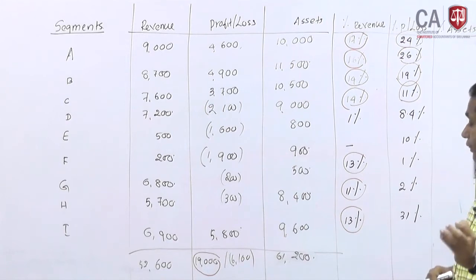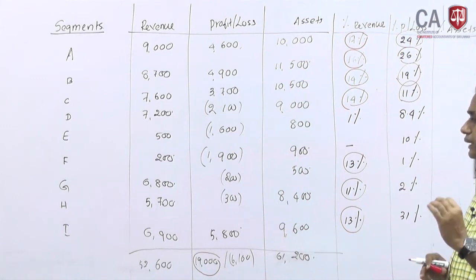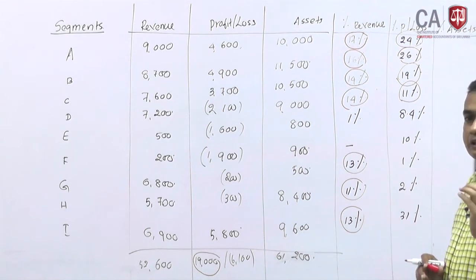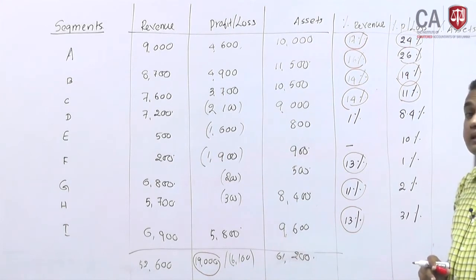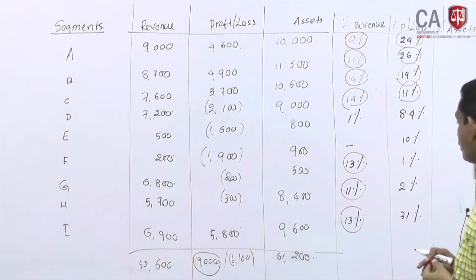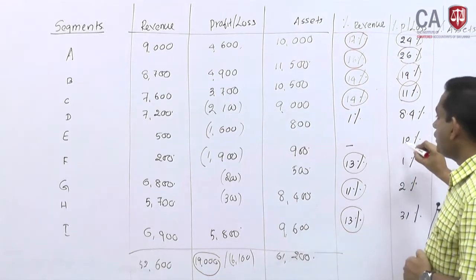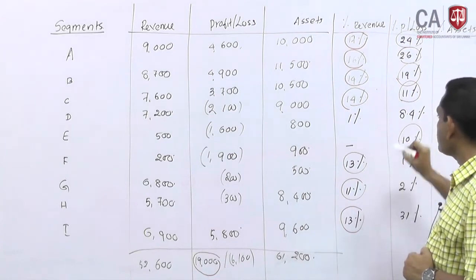F, and that is where you need to pay attention, because F did not satisfy the first quantitative threshold, so it did not become a reportable segment then, but it satisfied the second quantitative threshold. So, F also can be considered a reportable segment now.